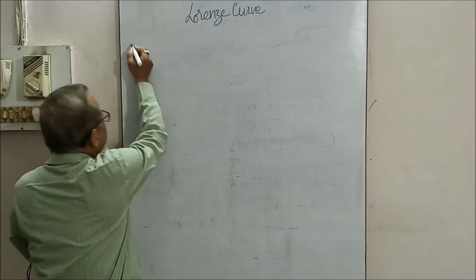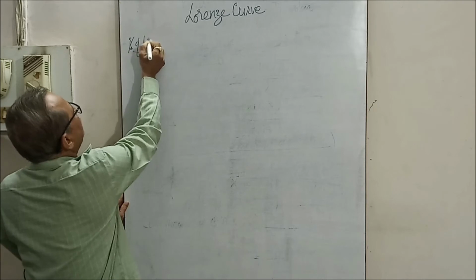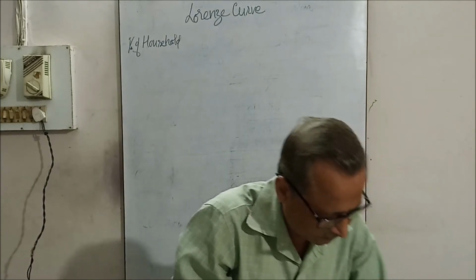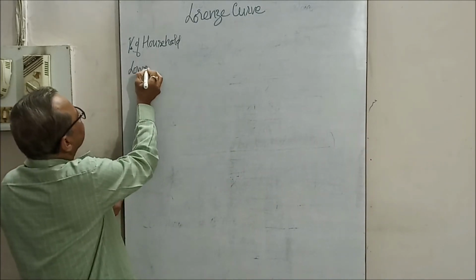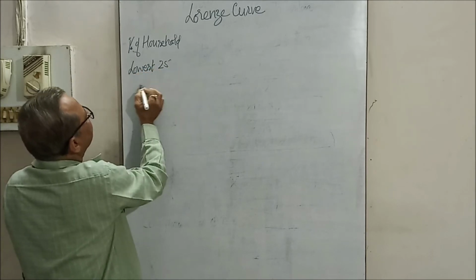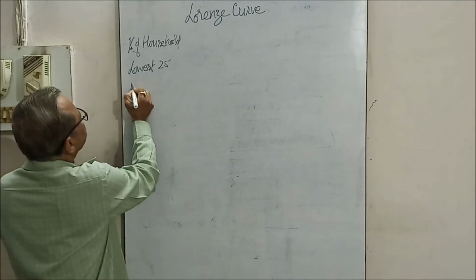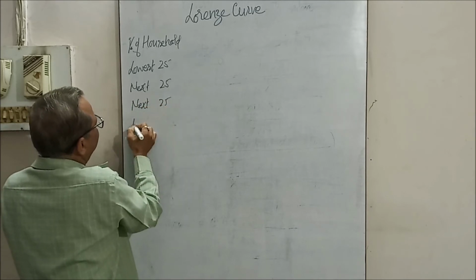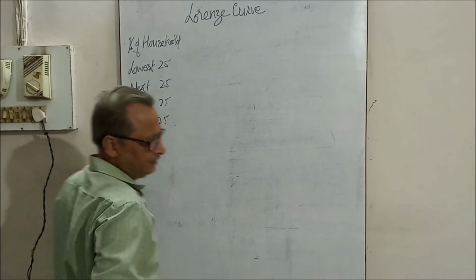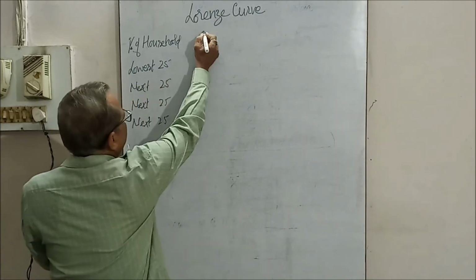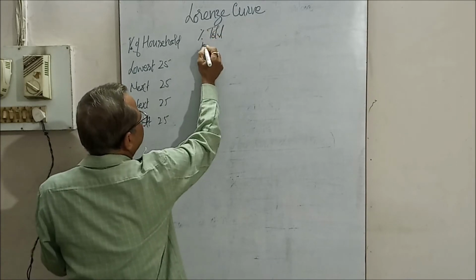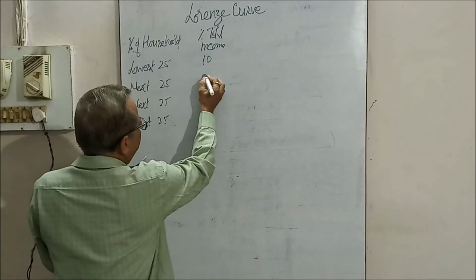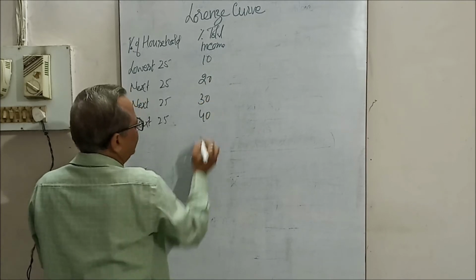The percentage of households is given as lowest 25, next 25, next 25, next 25, and the percentage of total income is given as 10, 20, 30, 40.